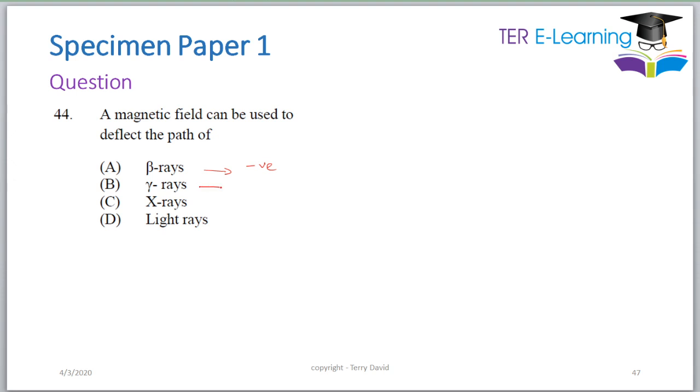Gamma rays have no charge, so we know that they are unaffected by a magnetic field. X-rays have no charge, and light rays have no charge as well, right? So the only one that has a charge is a beta particle, right? So the answer is E.